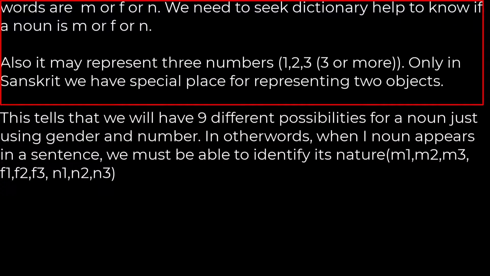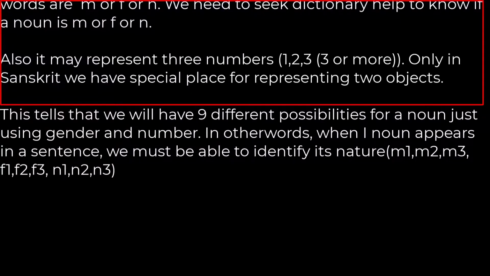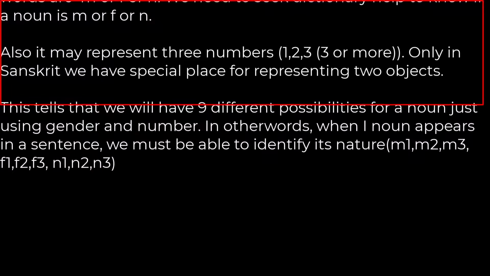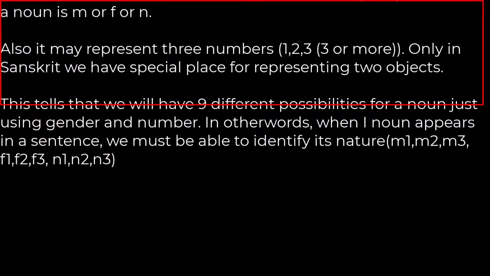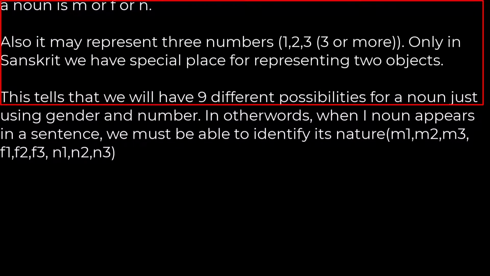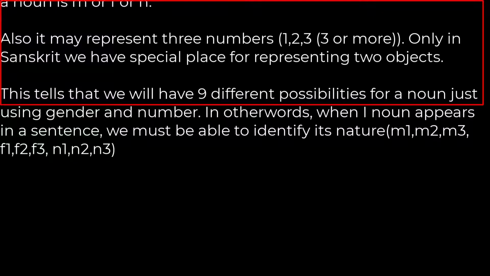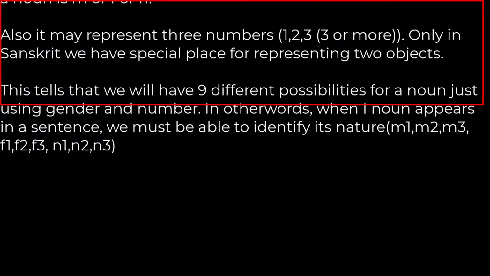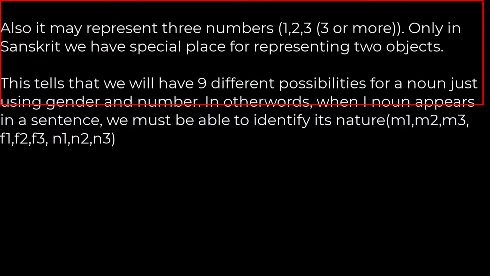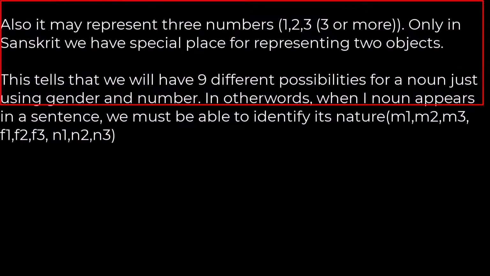But then the numbers: is it in ekavachan, dvivachan, or bahuvachan? Singular, but only in Sanskrit they have dvivachan. So that is why we have three possibilities for a number. Just using this number and gender, we have 9 possibilities, right?